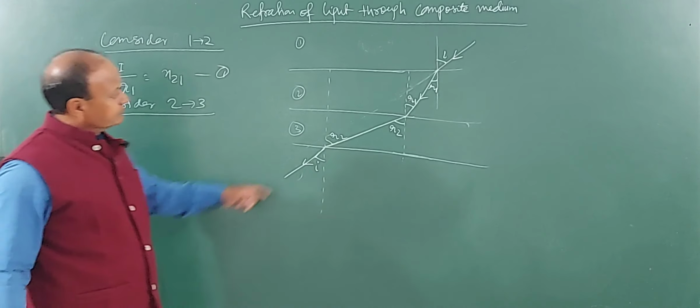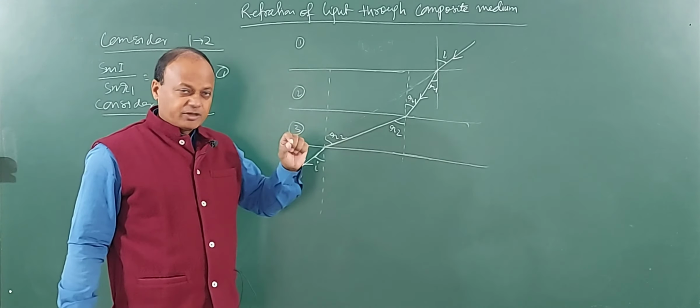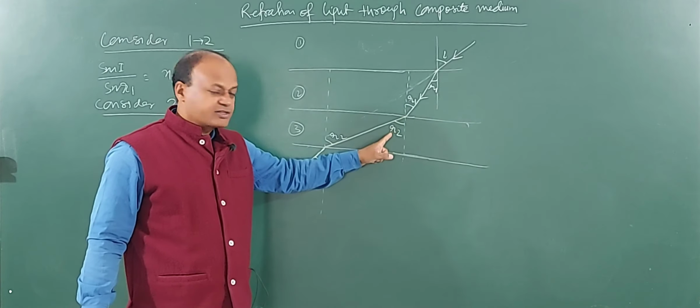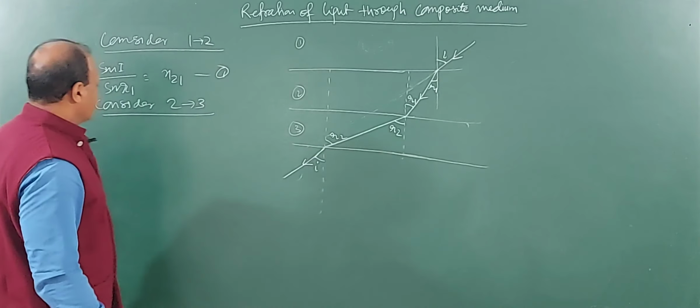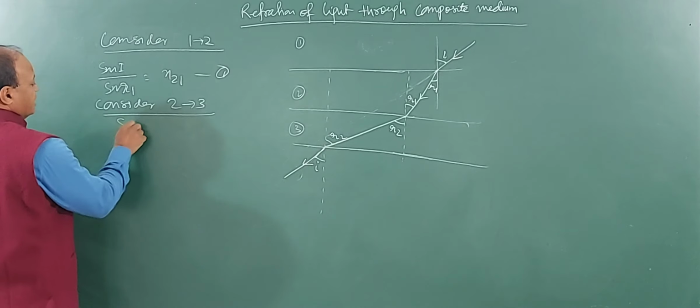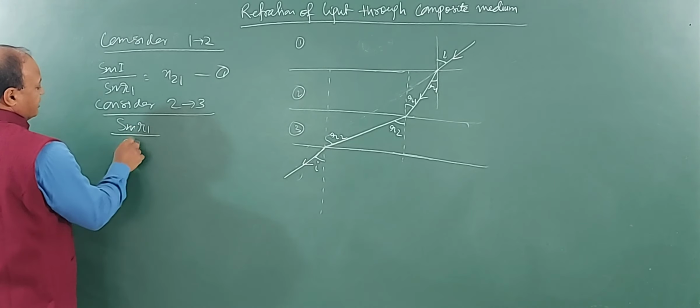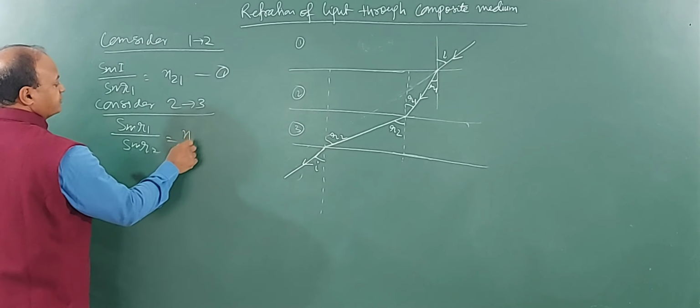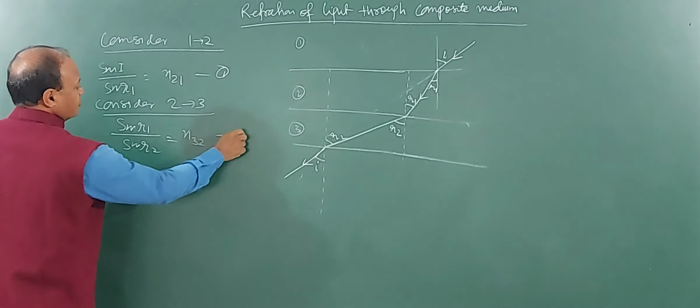It is very important to understand that the angle of incidence will be R1 and the angle of refraction will be R2. So if I use Snell's law, what will I be writing, children? Sin of R1 divided by sin of R2 will be the refractive index of 3 with respect to 2.